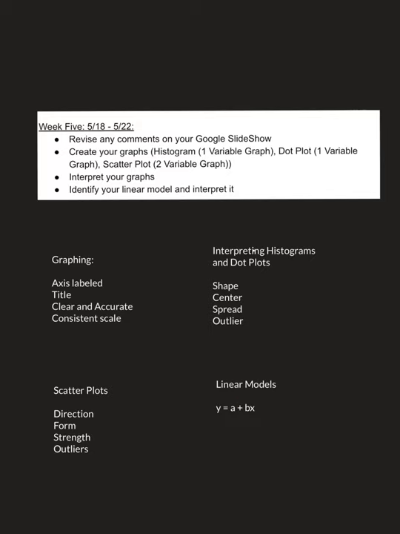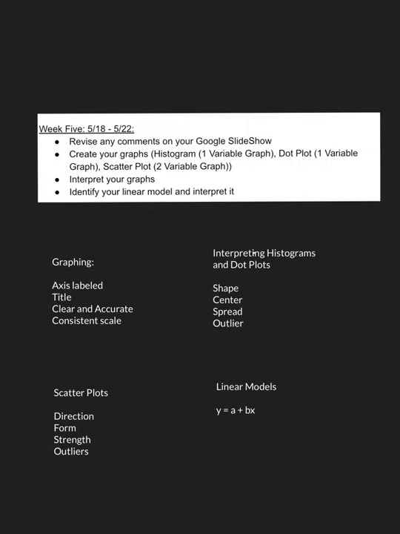In those, a would be our slope and b would be our y-intercept. So make sure you pay attention to where they're putting the x, because the variable attached to the x is always going to be our slope. So please, please, please be careful when identifying your linear model to make sure you are using the right variables.